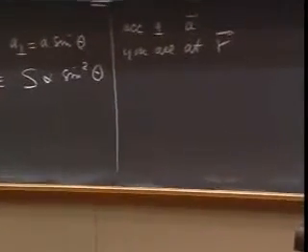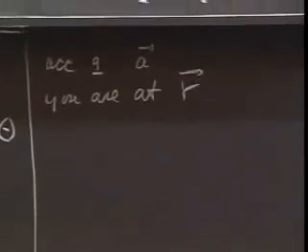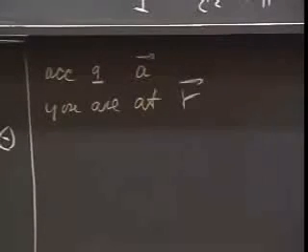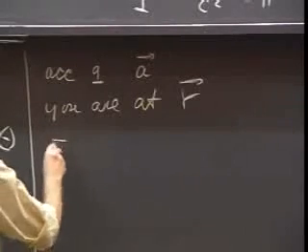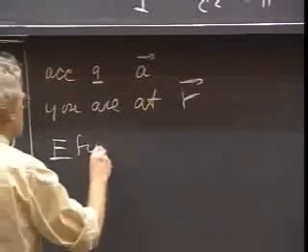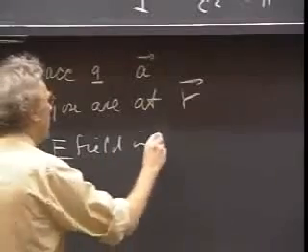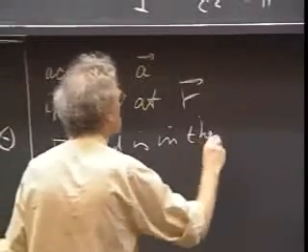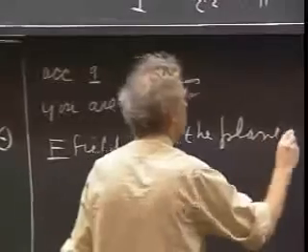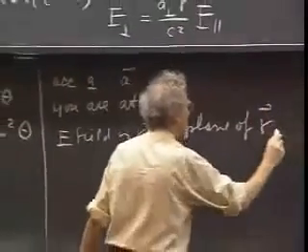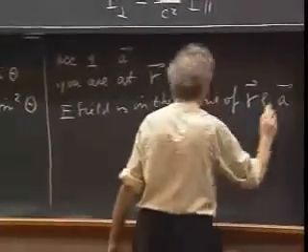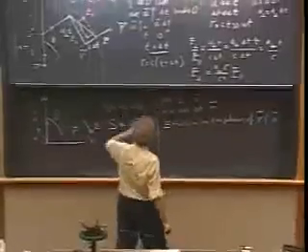Then you observe an electromagnetic wave, but you observe it with a time delay, which I'll not further expand on. But now comes a key thing: the E field is in the plane of R and A. And you can confirm that with this picture.